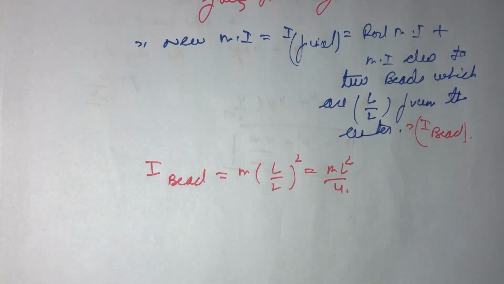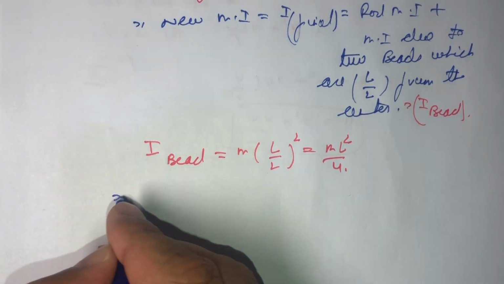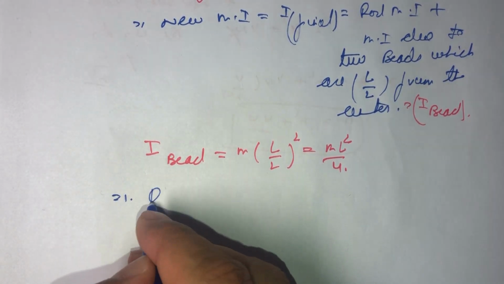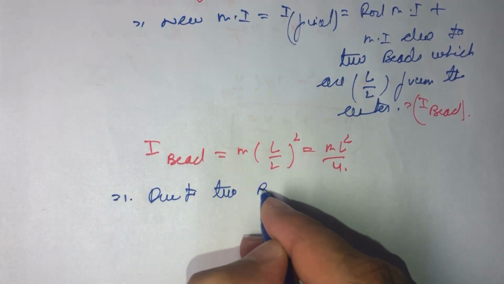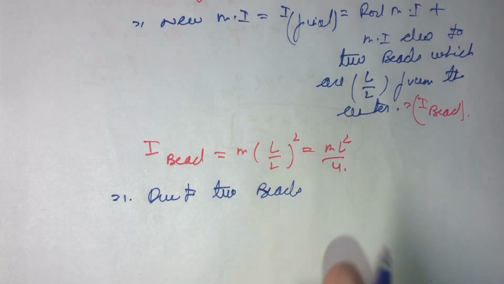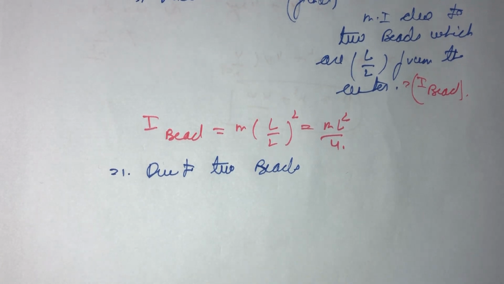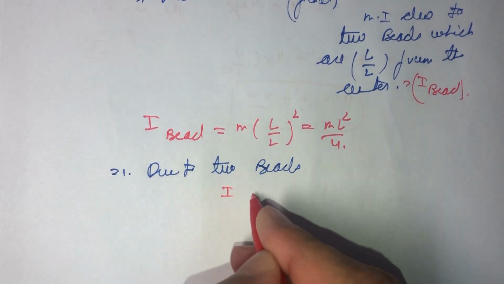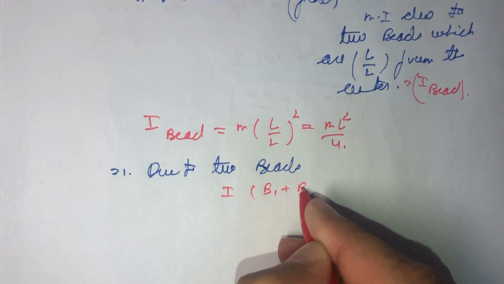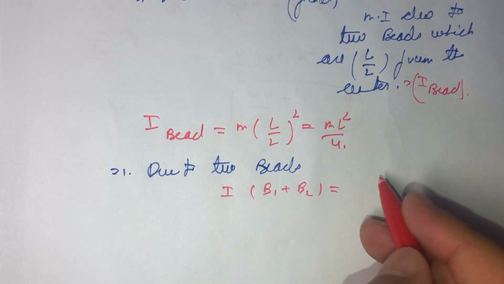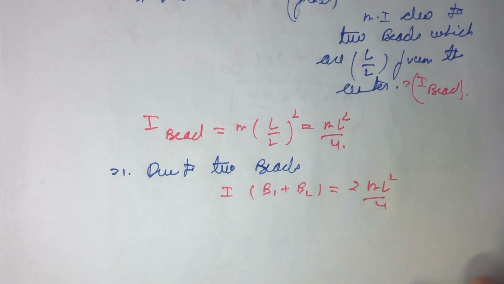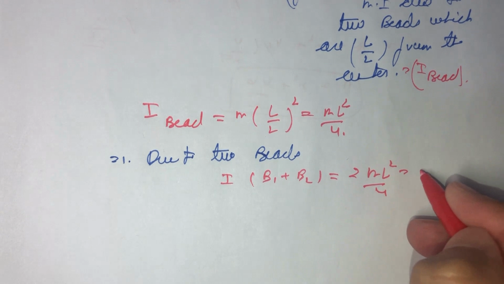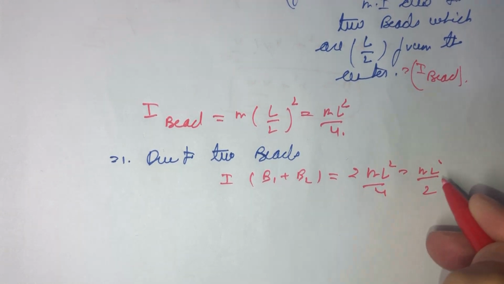So we have two beads, so due to two beads, I B1 plus B2 will be equal to twice of mL square upon 4, which will be mL square upon 2.